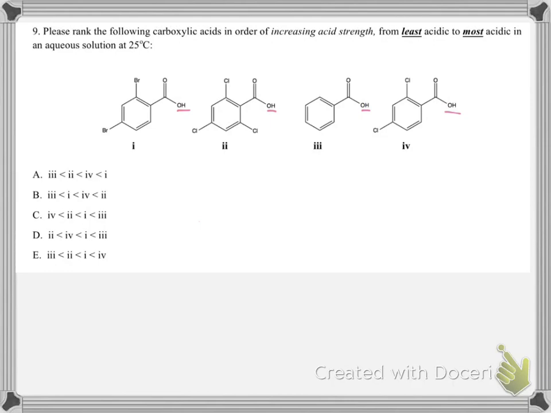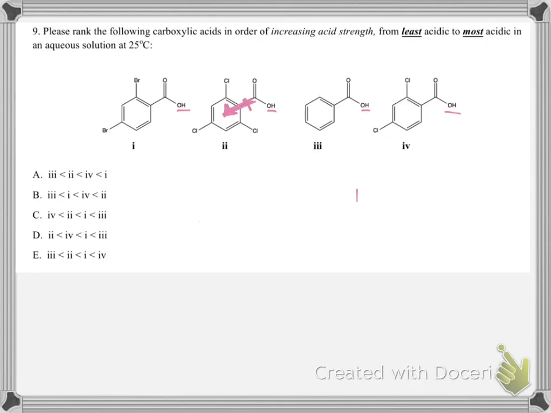And if we add more electronegative groups to this and further pull electrons away from the hydrogen, it's more likely to leave, and it's a stronger acid relatively. So in the case of answer choice 2 here, we have 3 halogens on here, 3 chlorides, pretty electronegative, pulling electron density further away from the hydrogen.